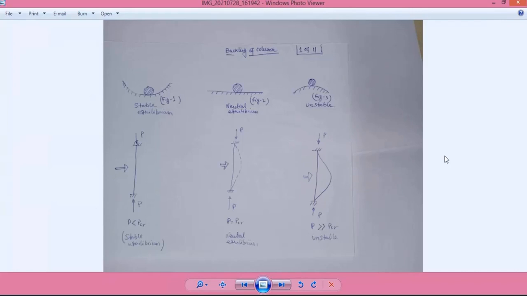Now we come to the column problem. In figure 1, it is stable equilibrium. It is similar to figure 1.